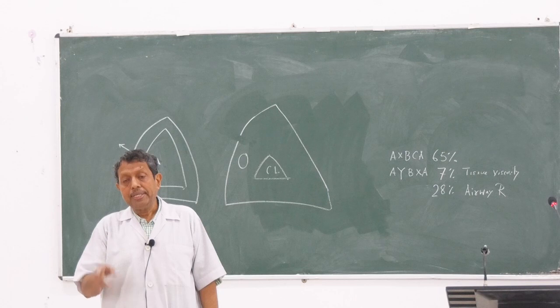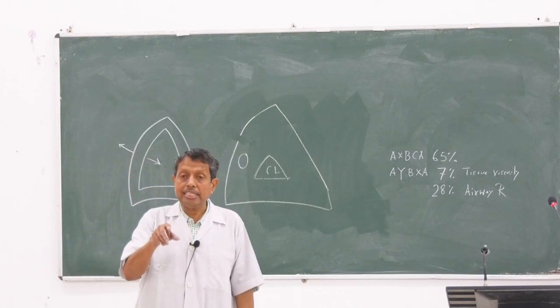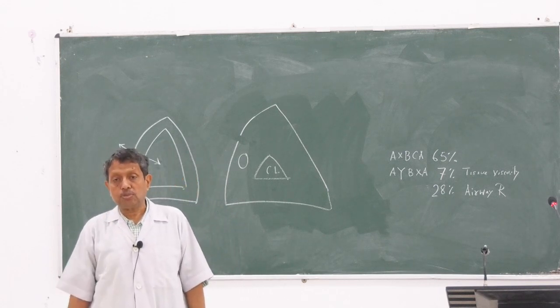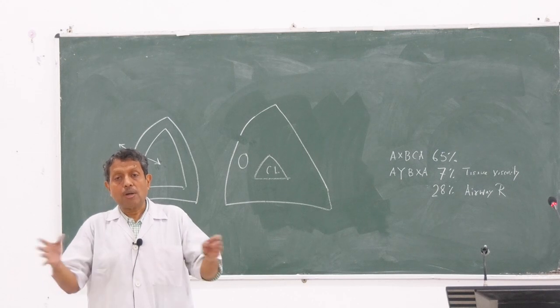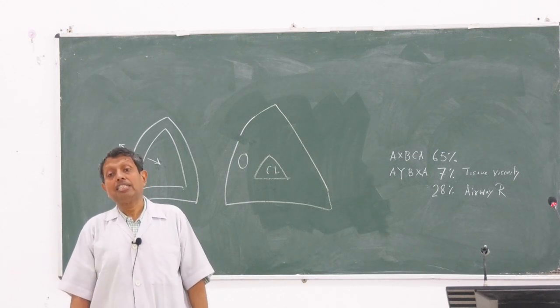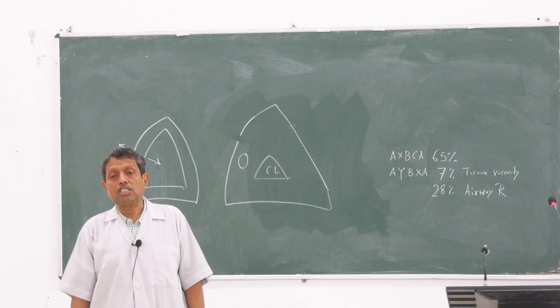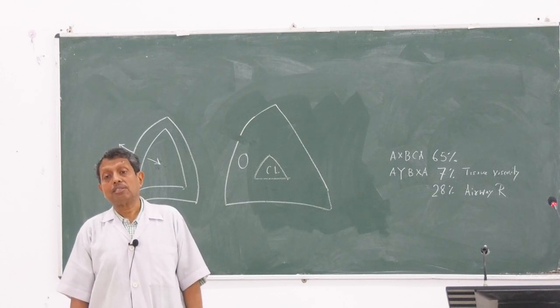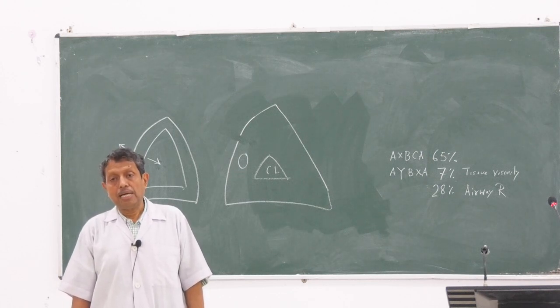Whatever it may be, the inward tendency to collapse is reduced. So the chest wall can expand. So barrel shaped chest is seen in case of emphysema.